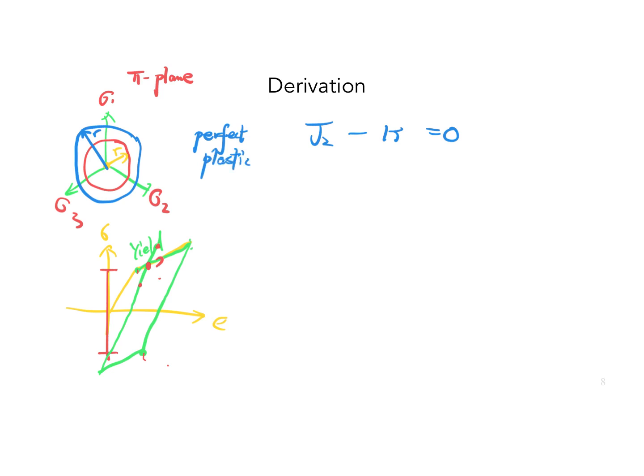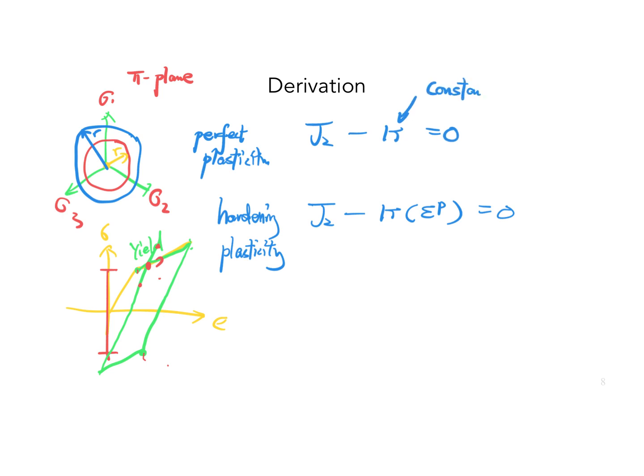Then what I have in the hardening plasticity is the following. For isotropic plasticity, I would write J2 minus k as a function of something, for example the plastic strain, equal to 0. In the perfect plasticity case this is a constant, because the radius doesn't evolve.